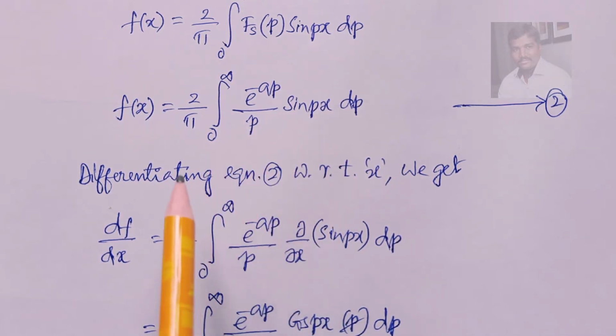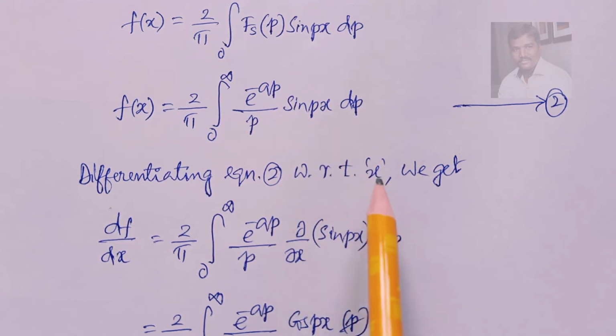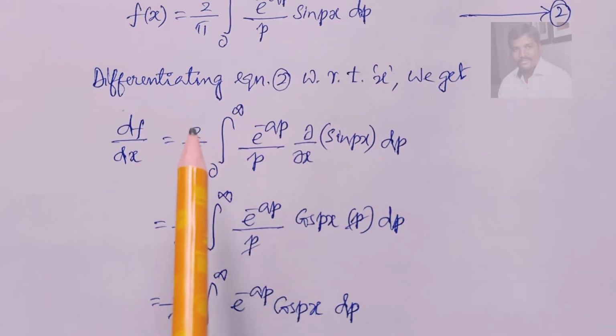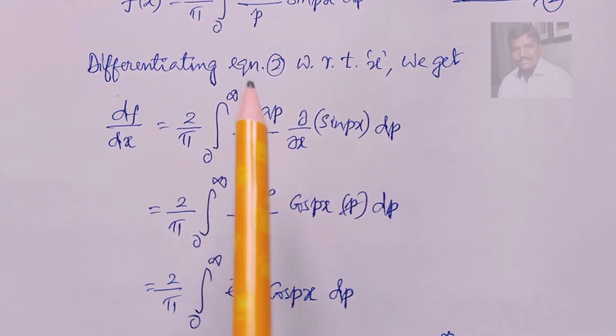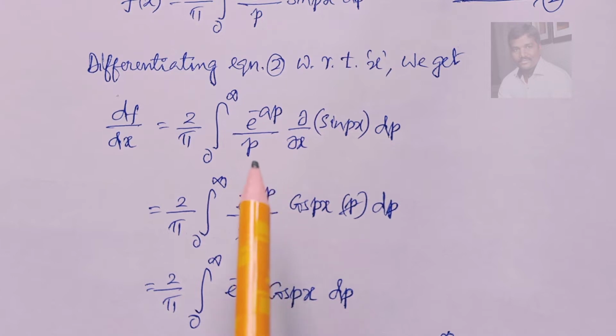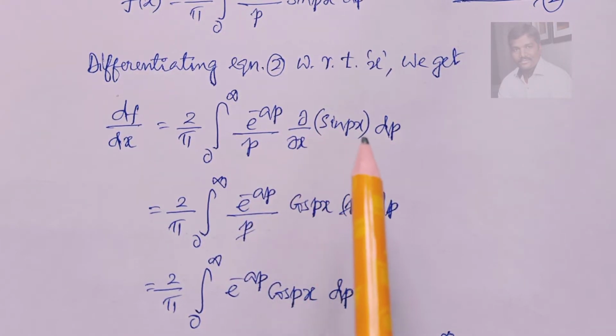So I am differentiating both sides with respect to the parameter x. We get df by dx is equal to 2 by pi into integral 0 to infinity e power minus ap by p into dou by dou x of sine px dp.